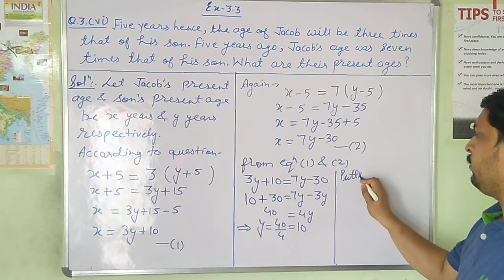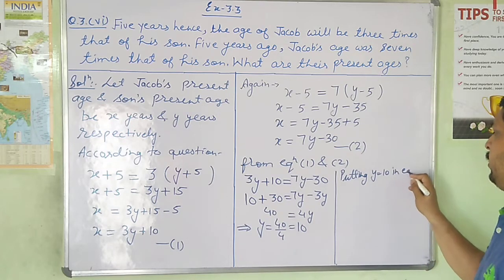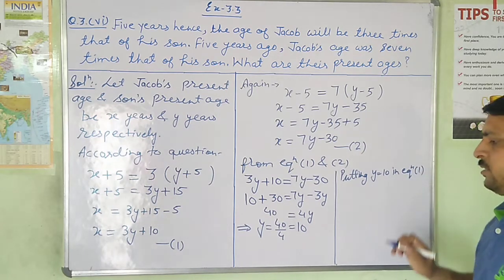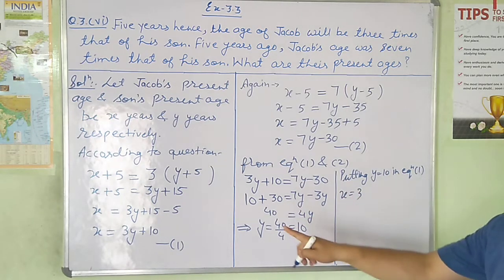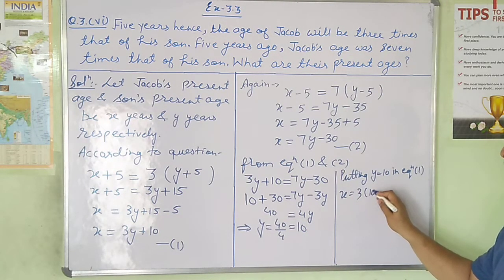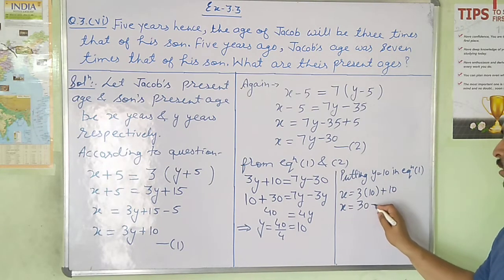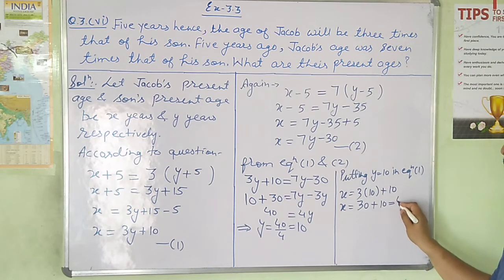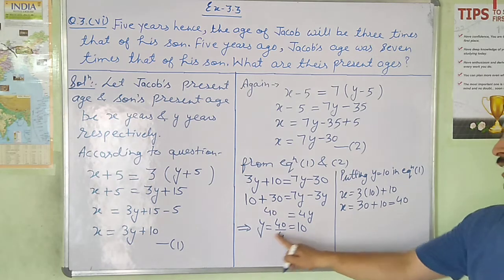So it will be x is equal to 3, y means 10 plus 10. So it is x is equal to 3 multiply 10, that is 30 plus 10. So it will be 40. So value of x is 40, value of y is 10.